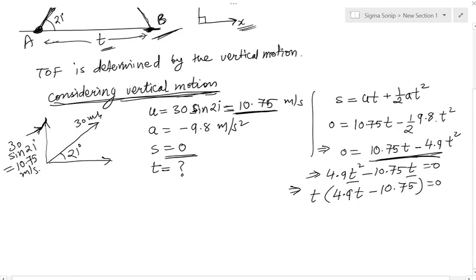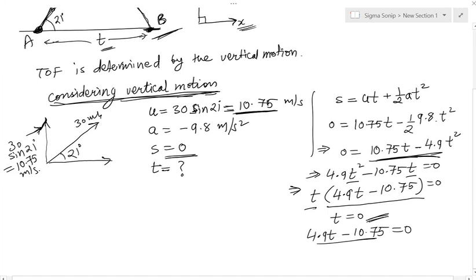And because this is a product of two things, this equation gives me two solutions. One is t equals 0, and the other is 4.9 t minus 10.75 equals 0.